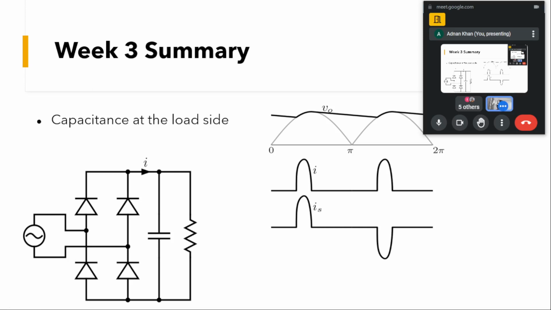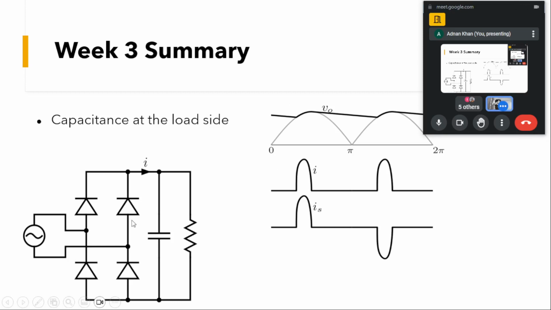At the point of common coupling, there will be other devices connected. Having this sort of current flowing through the source will have a detrimental effect on other devices. So we don't want this kind of current, but we also want a voltage which has low ripple. You will see how we are able to achieve that in subsequent classes, and for this I'll leave it here.